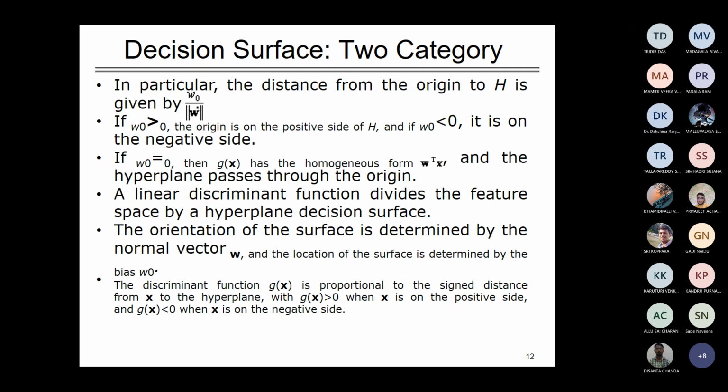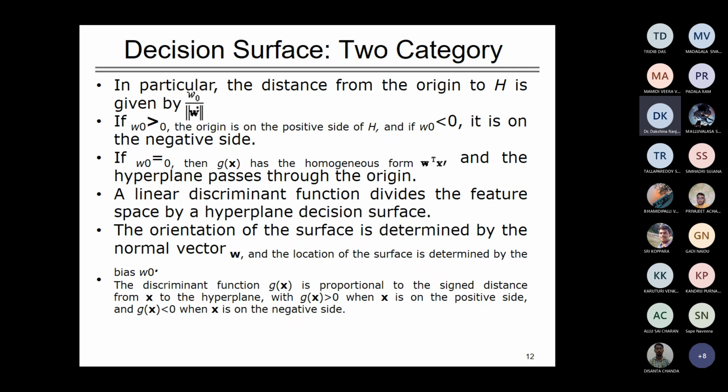Now the distance from the origin to the hyperplane is given by w0 divided by norm of w. So this is the distance from the origin to the hyperplane, which is given by w0 by norm of w.